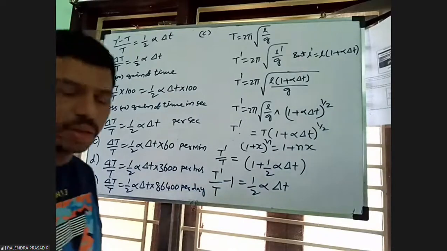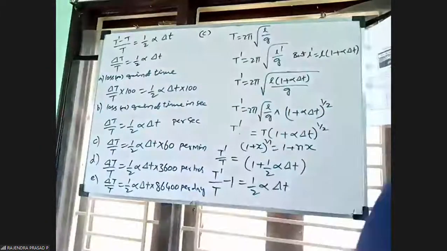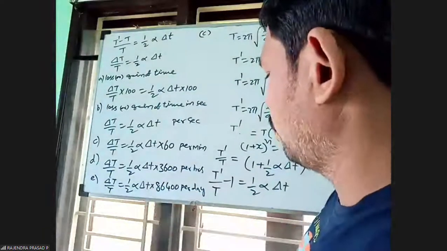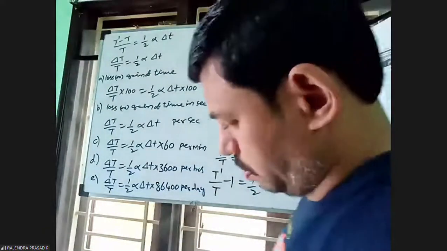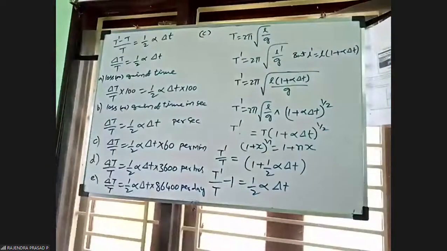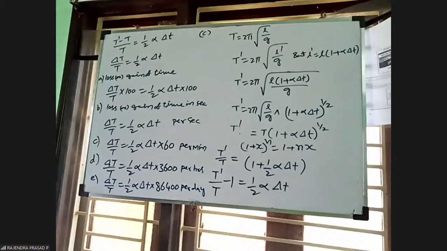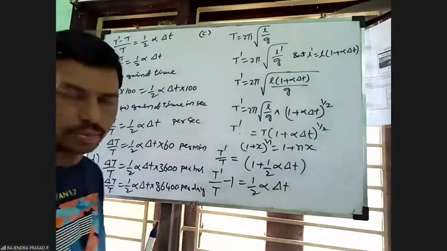Per year means multiply by 365. So per day means 24 hours into 60 into 60. Per second, per minute, per hour, per day.